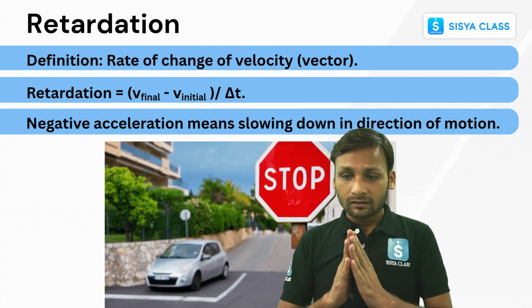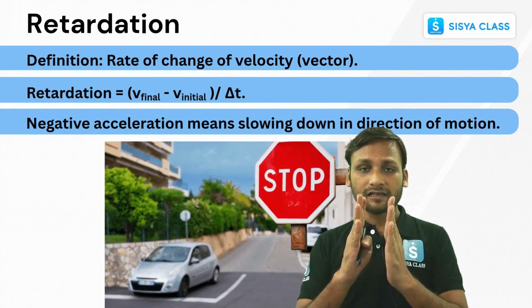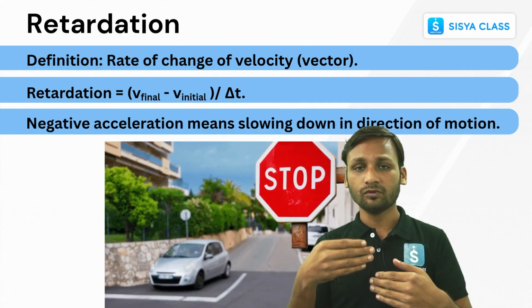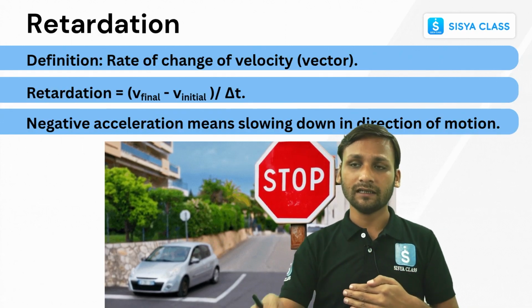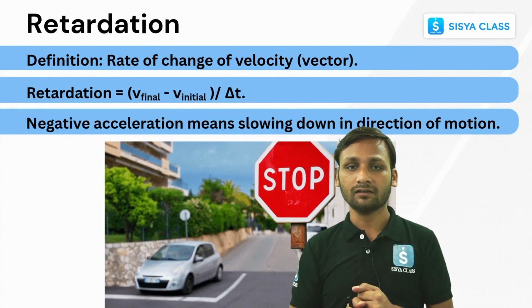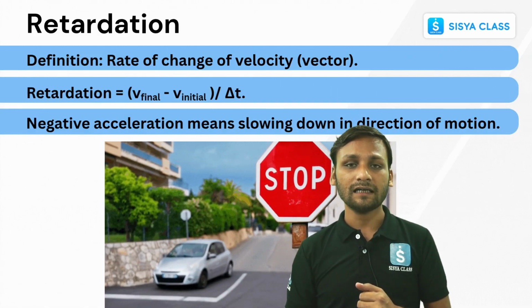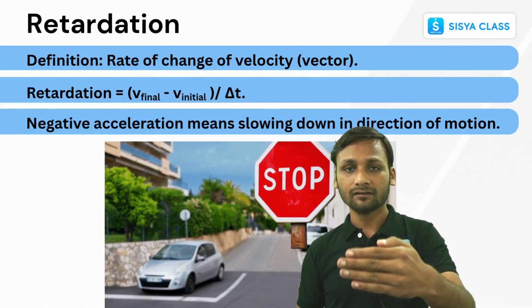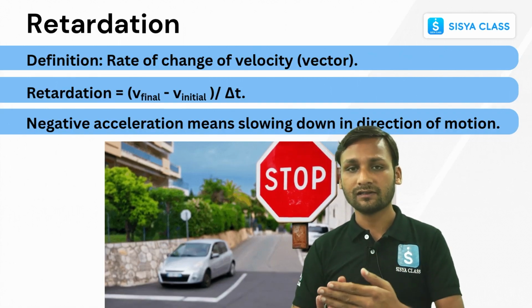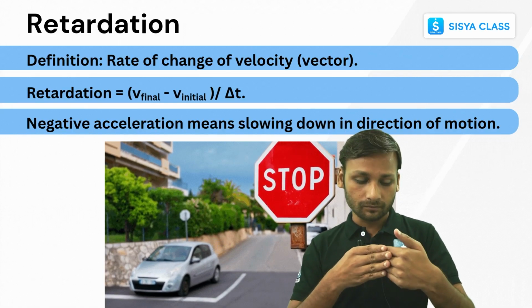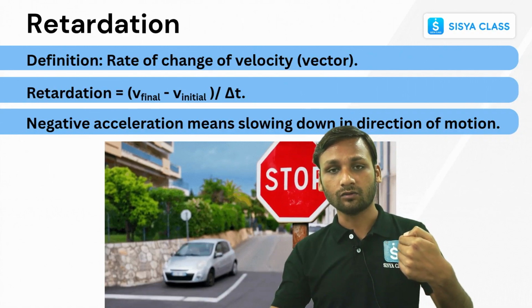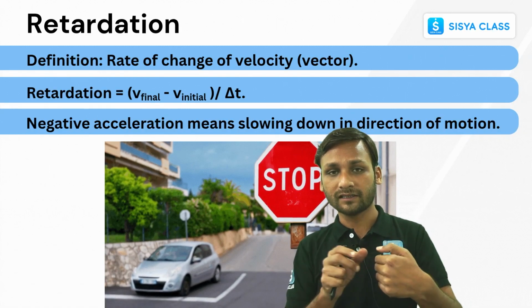Now consider a scenario where you are sitting in a car moving at, let's say, 60 km per hour, and finally a red signal comes. You start applying the brake, and when you reach the signal, your car stops. So your velocity is changing from 60 to 0. Basically you are stopping the car.